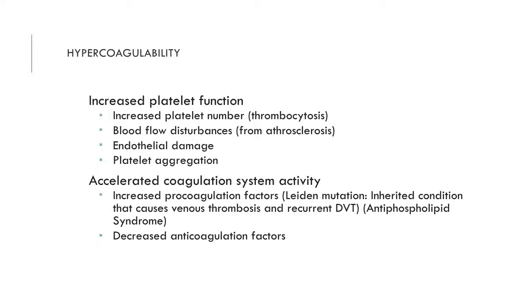It can also be caused by blood flow disturbances, for instance, by atherosclerosis. The atherosclerosis stimulates the platelets in that area to aggregate or stay together and form a clot over that atherosclerotic area. We've been talking about that earlier.